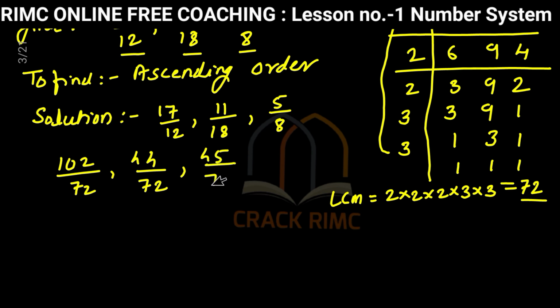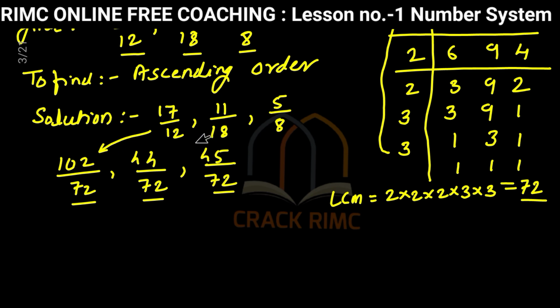Now as the bases are the same, we can identify which number is smaller and which one is greater. For ascending order, we have to write the smaller number first, then the greater number. So for 17 upon 12 we have written 102 upon 72.